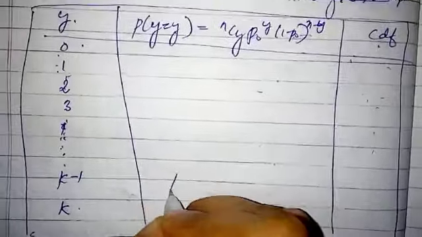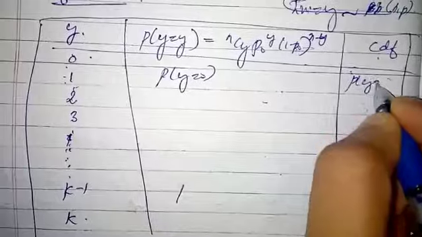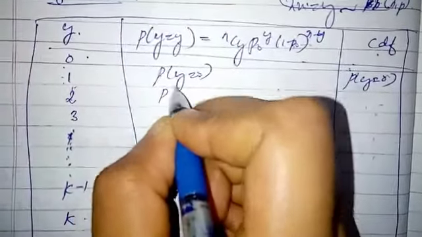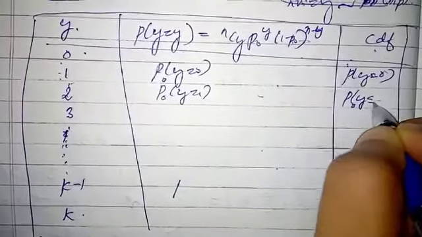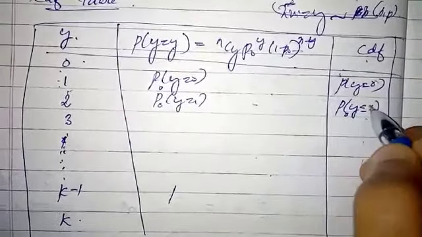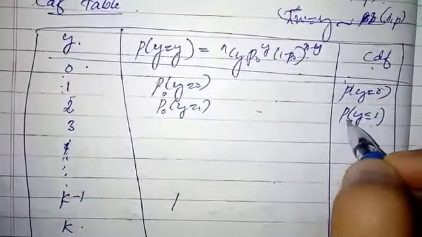This is probability of Y equal to 0, then this is probability of Y equal to 1. Then the cumulative is probability of Y less than or equal to 1, which means it contains the summation of these two densities, right?